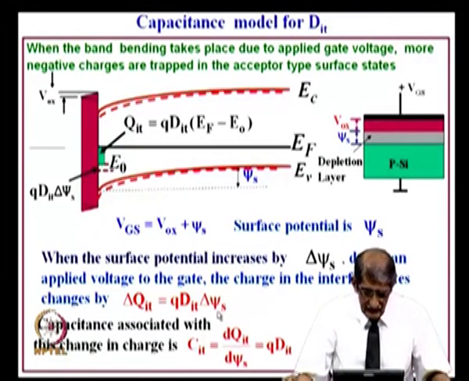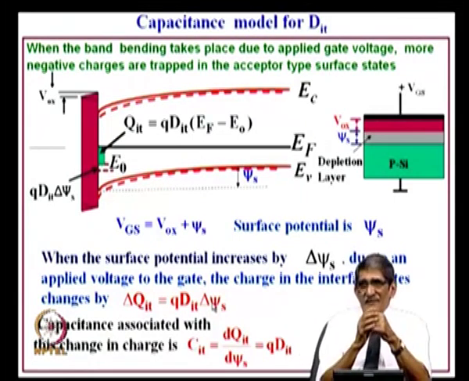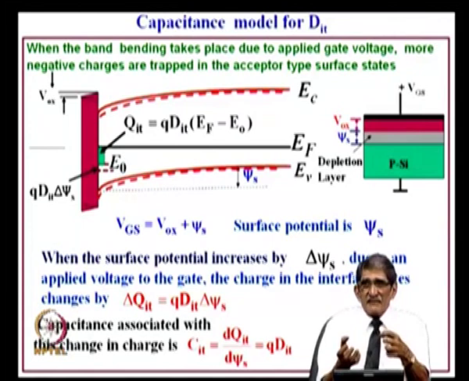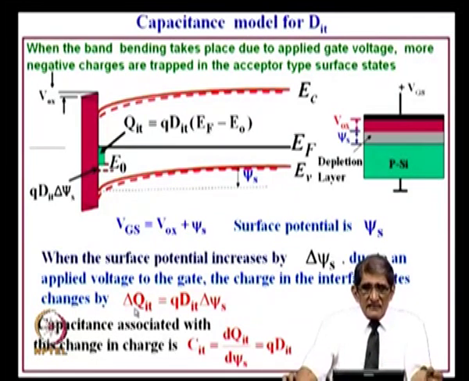Now, let us see. I can define a capacitance corresponding to this. Always remember, delta q by delta v is the capacitance, and delta v is the voltage which changes. Here the voltage that changes is psi of s. So, when psi of s changes by delta psi of s, the charge changes by delta q it, which is given by q dit into delta psi of s.